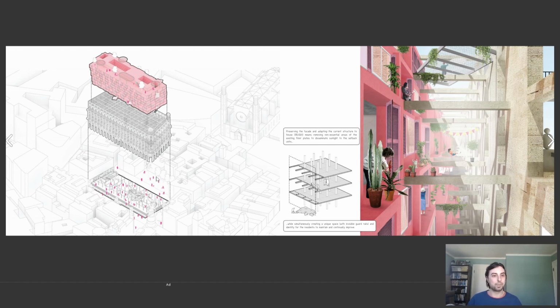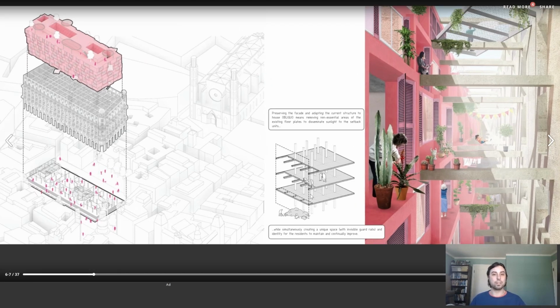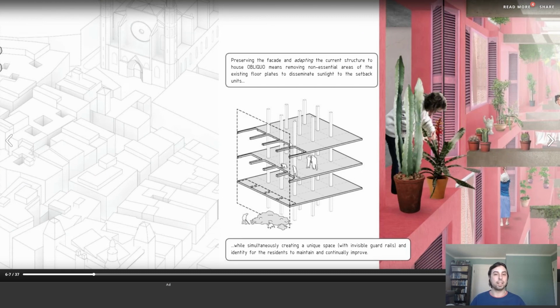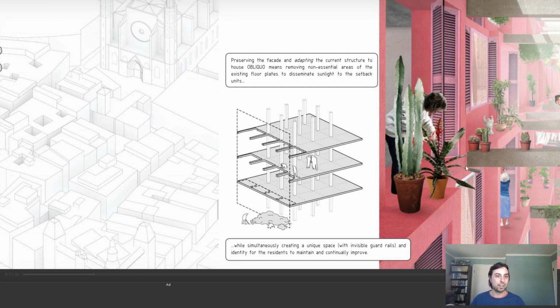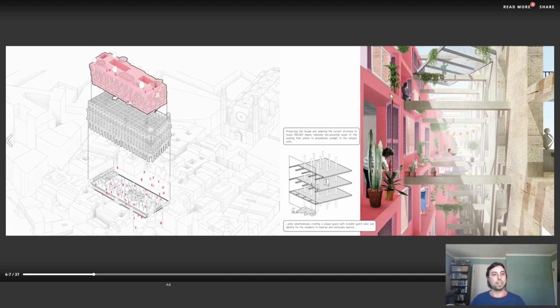This was looking at the feasibility of taking the existing concrete slab infrastructure and chiseling out and breaking off non-essential structural pieces, to reconstruct a new facade on the interior, allowing for that housing within the old building.